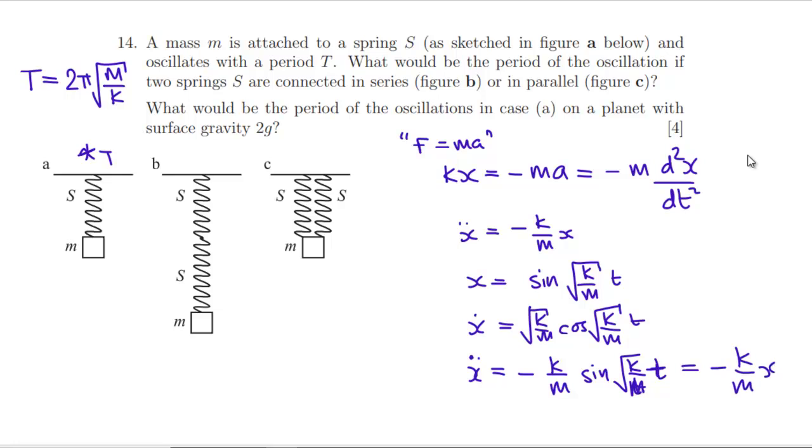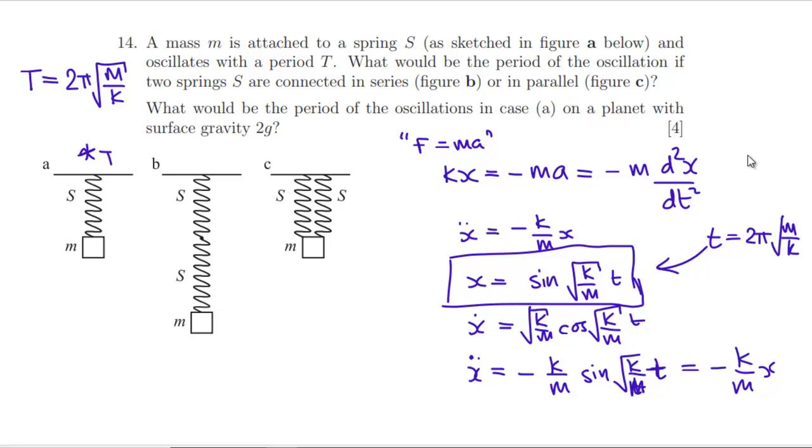So we've now got this function here. This is our position function, position as a function of time. So how quickly is that returning to the same position? It's going to return to the same position every time t is equal to 2 pi the square root of m over k.